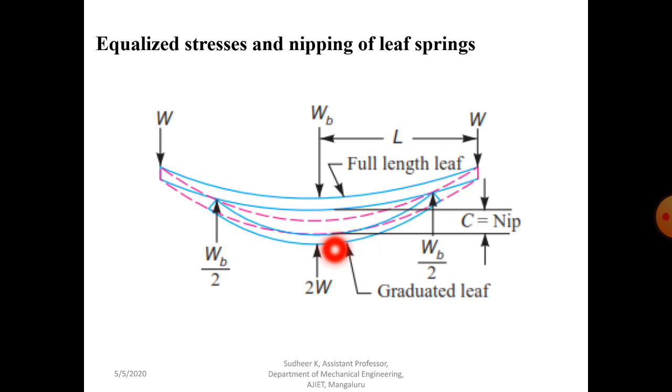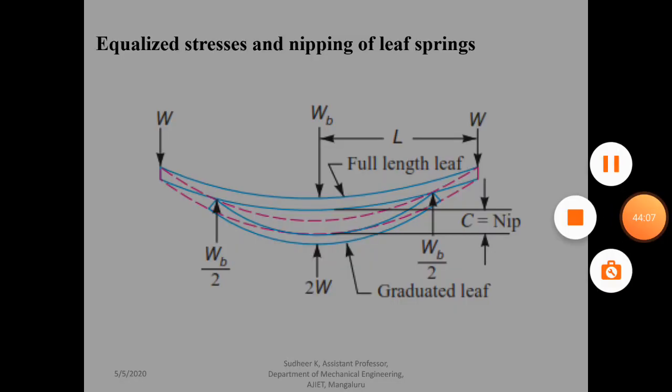The full length leaf will bend back, so you can see a dotted line. The full length leaves will bend back, so they have an initial stress in the direction opposite to that of the normal load. So this is very important. That process we call nipping, in order to obtain equalized stress in the leaf spring.